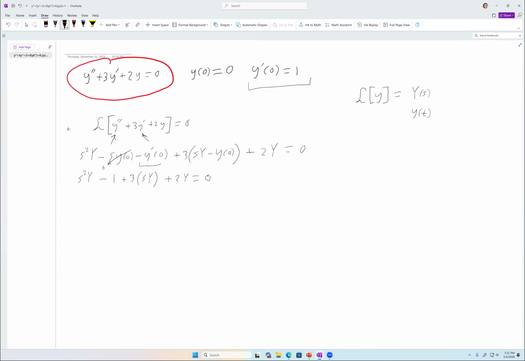So now let's combine what we can and factor out our capital Y. We can simplify this even further by moving that 1 to the other side. Oh, snap, that was a horrible S. All right.